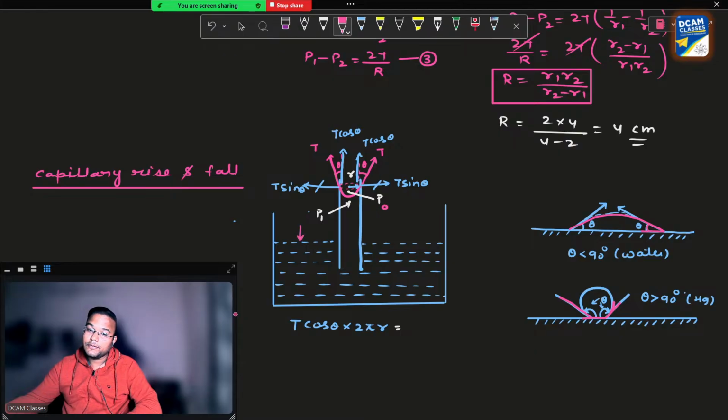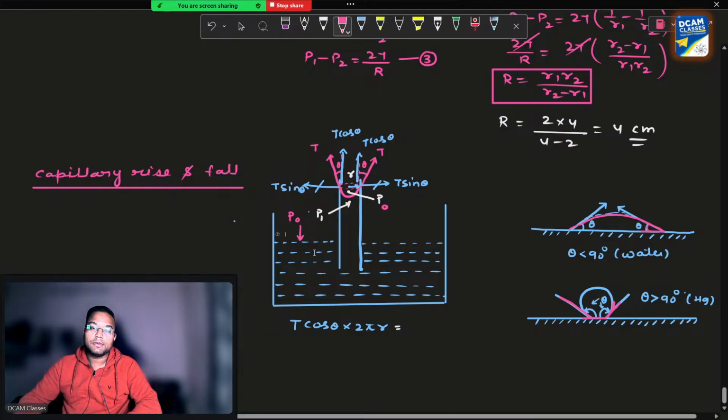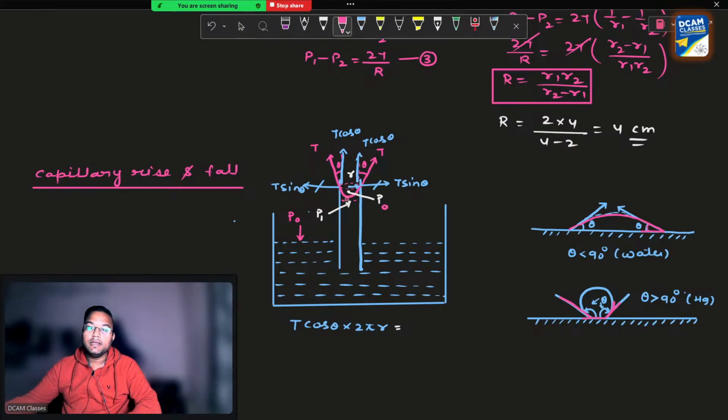Also, this surface is also open to atmosphere. So here also atmospheric pressure should be P0, like the upper surface of the curvature. But below, the pressure will be P1. If it has risen by height h, we can just relate this pressure P1 and P0 like this.